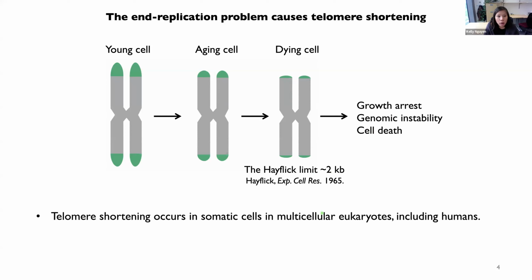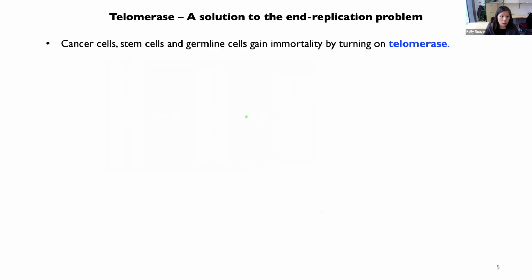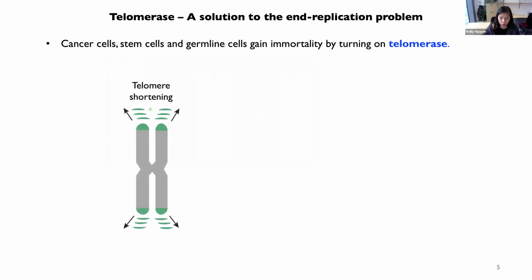And the way they overcome this problem is by this enzyme that we call telomerase. And telomerase is actually only expressed in a very small subset of cells in the human body, and that includes cancers, stem cells, and germline cells. And by turning on telomerase, they can compensate for the telomere shortening effect that I told you about.